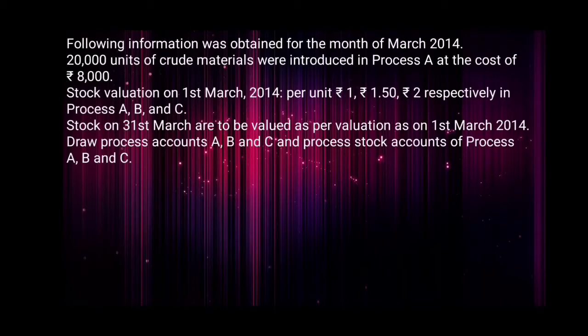Stock valuation on 1st March 2014 per unit rupees 1, rupees 1.50, rupees 2 respectively in process A, B and C. Stock on 31st March are to be valued as per valuation as on 1st March 2014. Draw process account A, B and C and process stock accounts of process A, B and C.